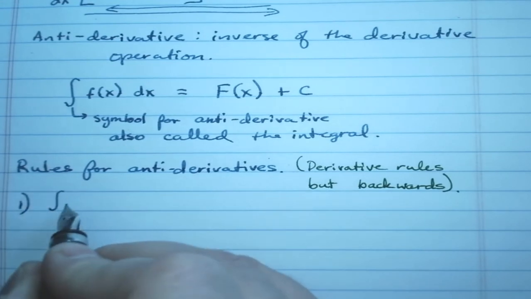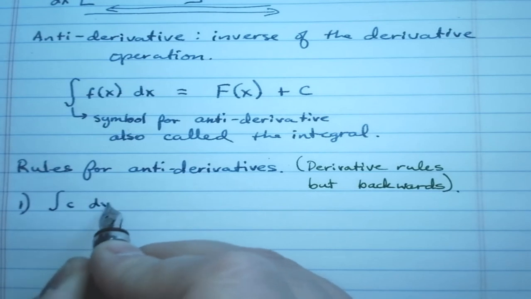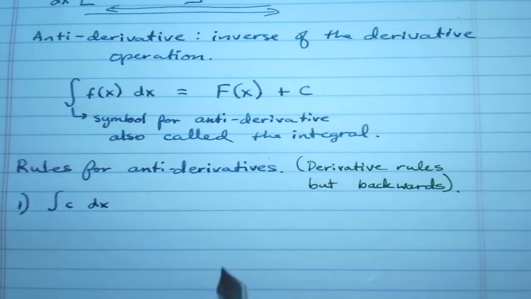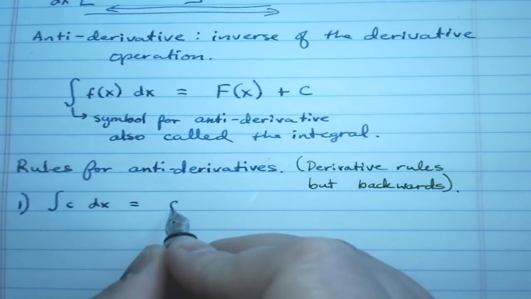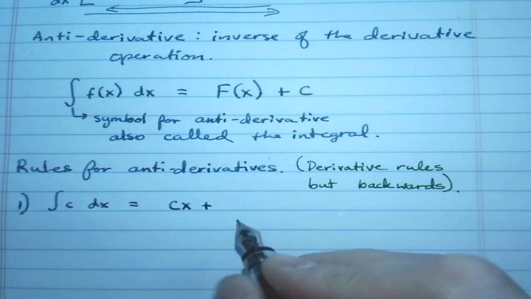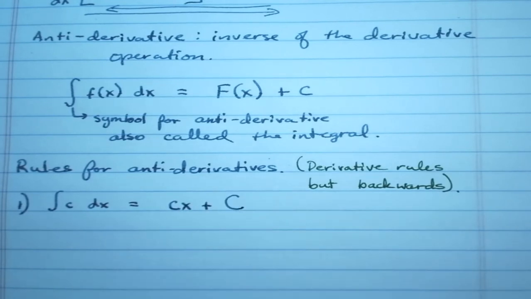So, here goes. Rule number 1 for antiderivatives. The antiderivative of a constant c with respect to x is equal to cx plus big C. Now, a way to think about that is if I gave you this: what's the derivative of 5x plus 8?